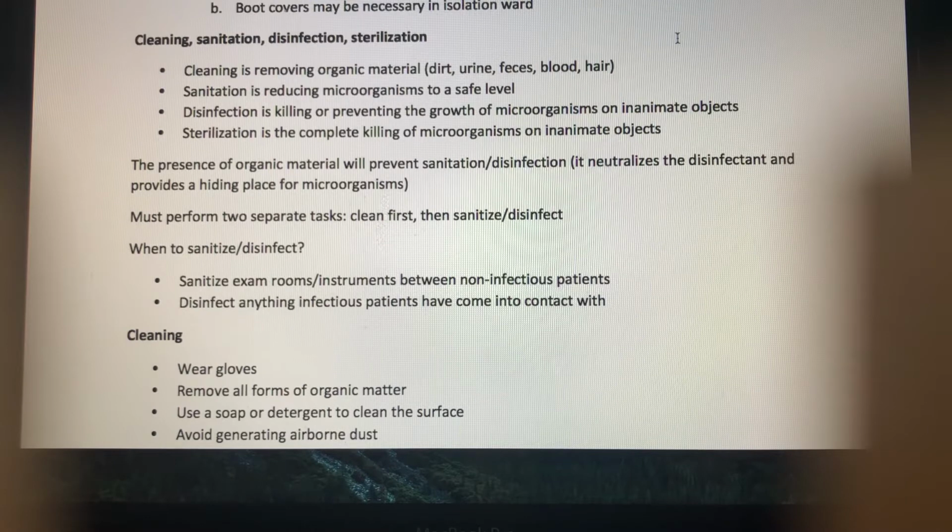Often cleaning and sanitation go hand in hand, because sometimes just doing a little clean is going to be sanitation enough. So disinfection, this is the level that we would like to clean at in the vet hospital, especially if we have had infectious patients in.